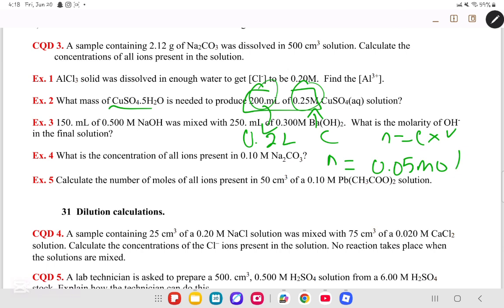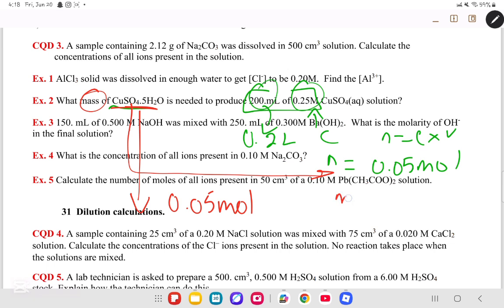Now, what you need to know is that the number of moles of CuSO4 5H2O is gonna be the same exactly as this one. So that means this has 0.05 moles. So if they're looking for the mass, then very simply you'll have to apply the equation. Mass over molar mass is equal to number of moles. So mass is equal to number of moles times the molar mass. So 0.05 times the molar mass of CuSO4 5H2O.